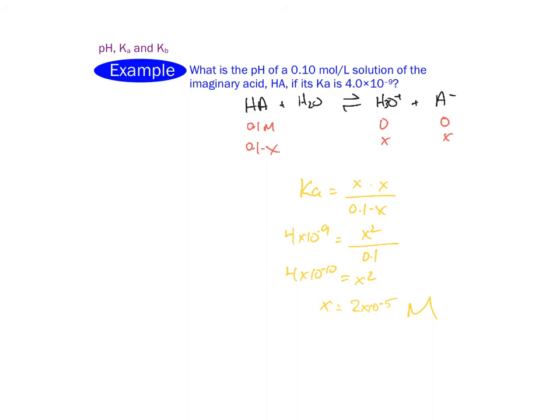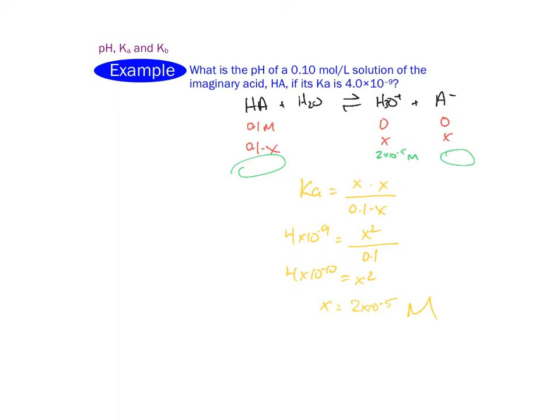And more importantly, that gives us the hydronium ion concentration. Because yes, it's also the value of A minus, and yes, it can also help us find the initial or the final concentration of the acid, but we're not looking for those things.